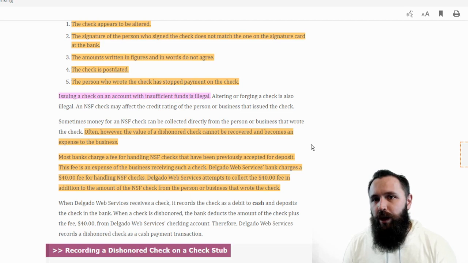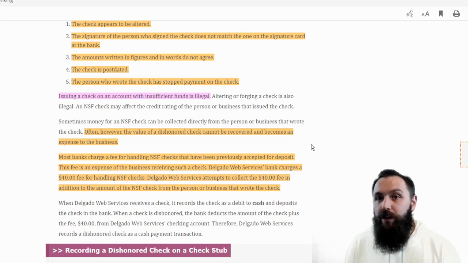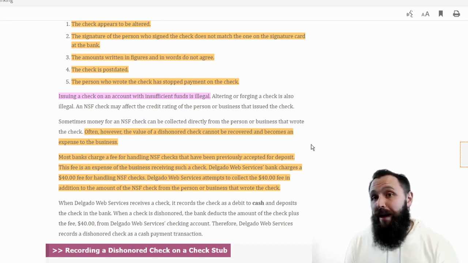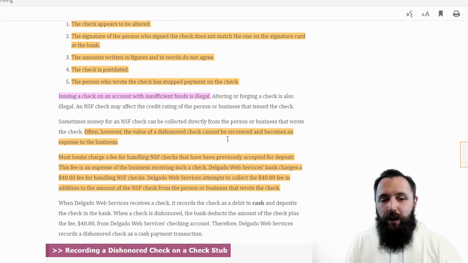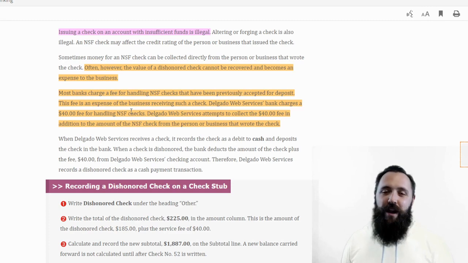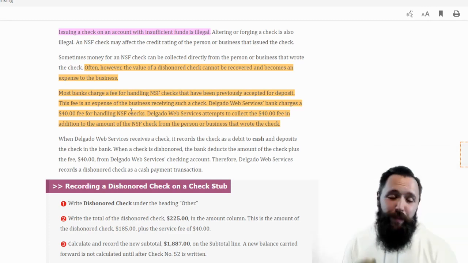We're going to try to put that money back on their account. On top of that, the bank is going to charge us a fee, and we're going to charge the person that wrote that bad check the fee as well. A bank is often going to charge the depositor $40 or something like that. Does it really cost them $40? No, but it's an inconvenience for the bank because they're having to deal with it. So it's pretty expensive, actually.